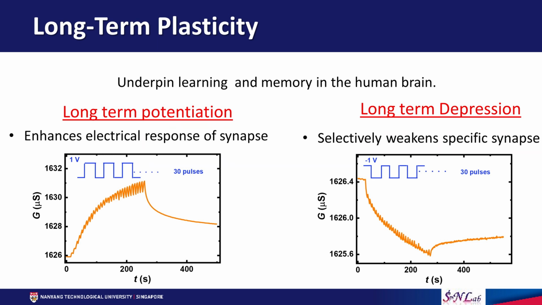Long-term plasticity is emulated via two functions: long-term potentiation and long-term depression. In long-term potentiation, by firing a series of gate voltage pulses, there is a massive increment in channel conductance and the change is also retained for a longer time.